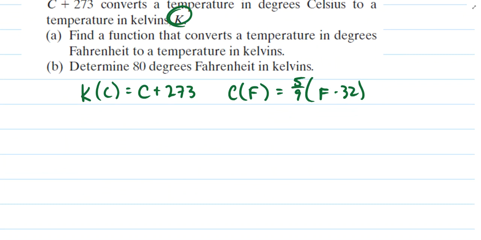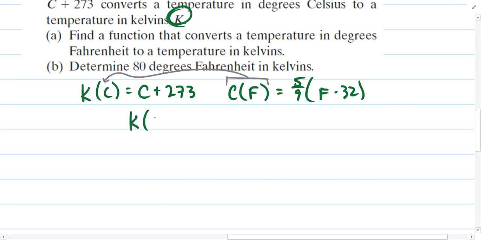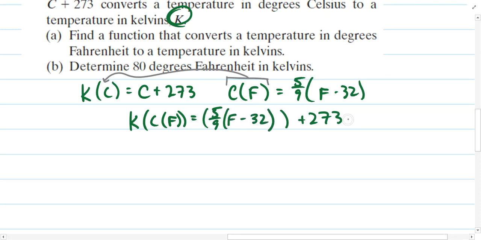We're going to take this Celsius composition and input it into our Kelvin formula, and we should be in pretty good shape. So Kelvin based on Celsius, which is based on Fahrenheit, would be equal to some Celsius value plus 273, or in other words, 5/9 Fahrenheit minus 32 plus 273.